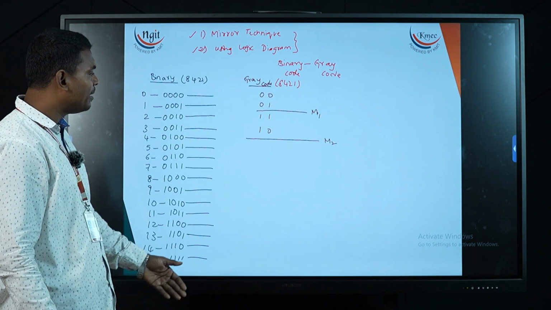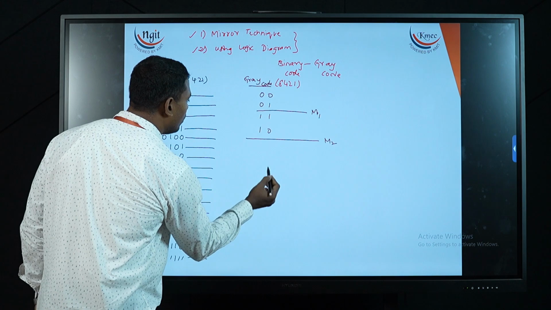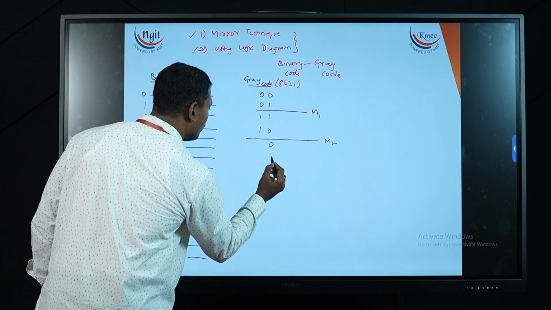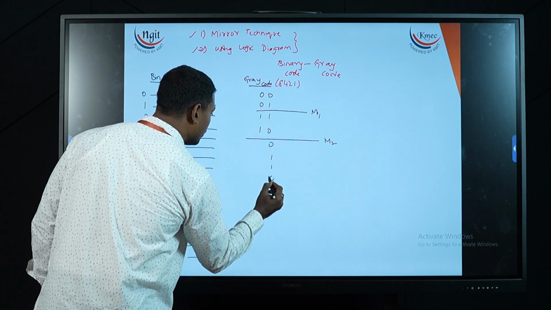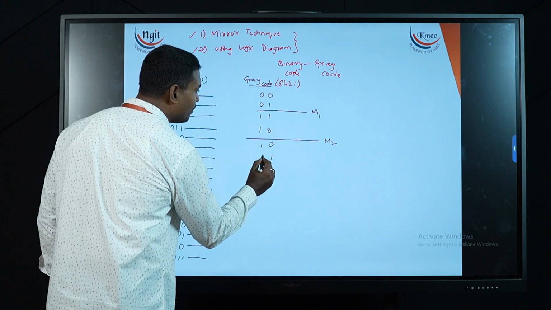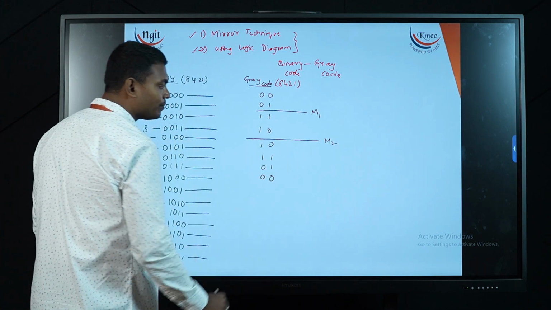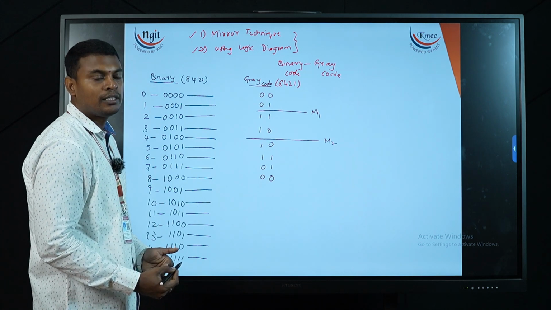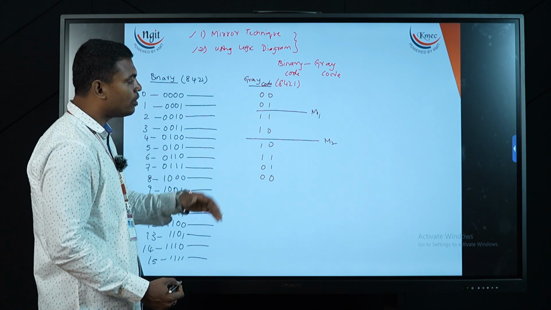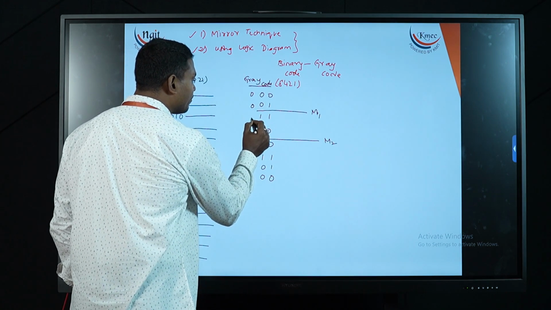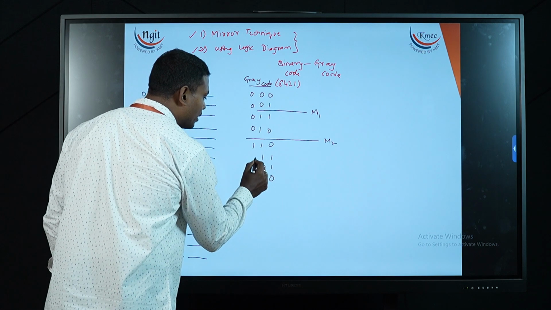Now the image will look like 0 1 1 0, and next 1 1 0 0. When you write the image values oppositely downward, place zeros before the mirror and ones after the mirror.